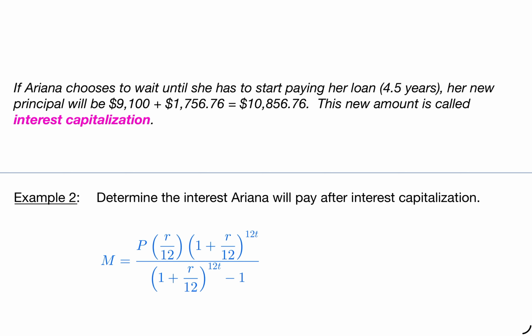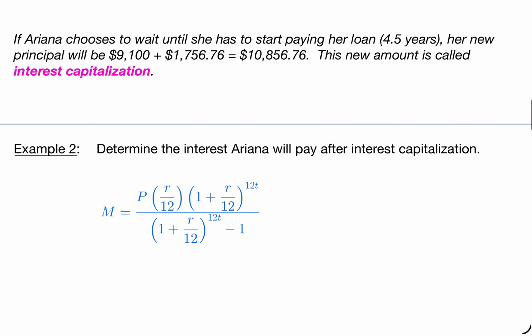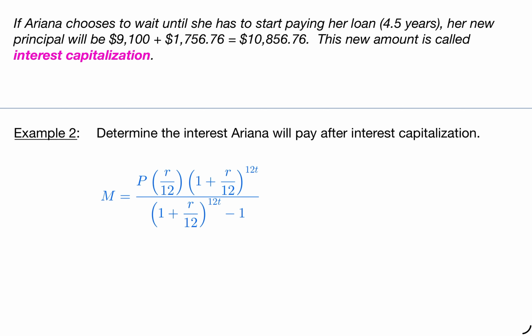That gives us a grand total of $10,856.76. This scenario is called interest capitalization. In this next example, we're going to determine the interest that Ariana will pay after interest capitalization. What this means, therefore, is that we're going to need to calculate her monthly amount.